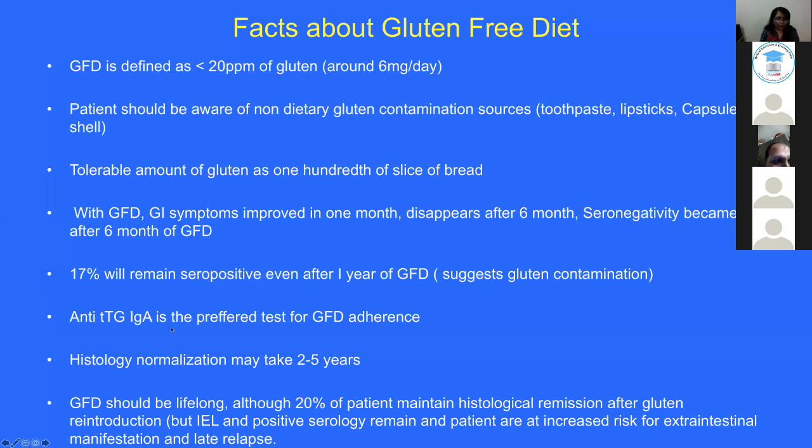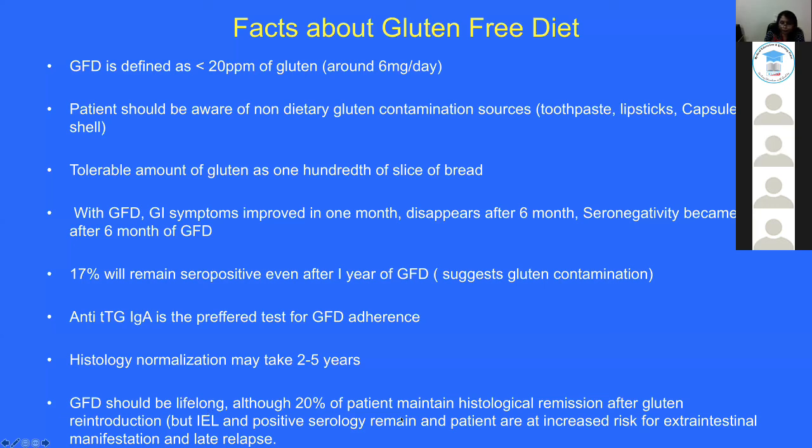And serology, basically for patients who are on a gluten-free diet, how do we monitor these patients? This is by doing anti-TTG IgA level, because quantification of this is possible. So we can say if the level decreases, that means the person is adhering to a gluten-free diet. Histology may take 2 to 5 years to normalize, even if the patient is already on a gluten-free diet. So this is very important to tell the patient that a gluten-free diet should be lifelong.